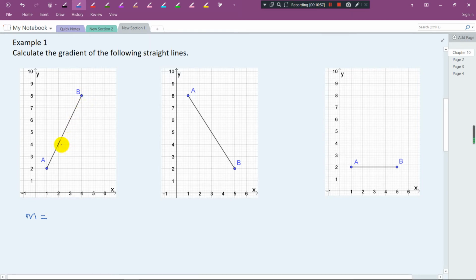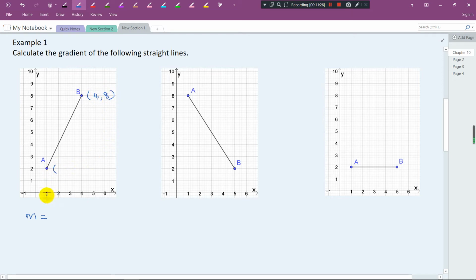In this case, can we use the formula negative y-intercept over x-intercept? No. Why? Because now we don't have any y-intercept and x-intercept. So we just use another formula, which is y2 minus y1 divided by x2 minus x1. 4, 8. Remember to write the x coordinate first, followed by the y coordinate.